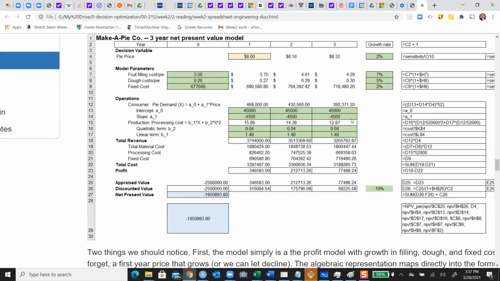The whole thing is linear, but we won't get into that. And we have total revenue, which is price times demand. We have total material cost, which is fruit filling and dough cost times volume. Volume produced is volume sold.